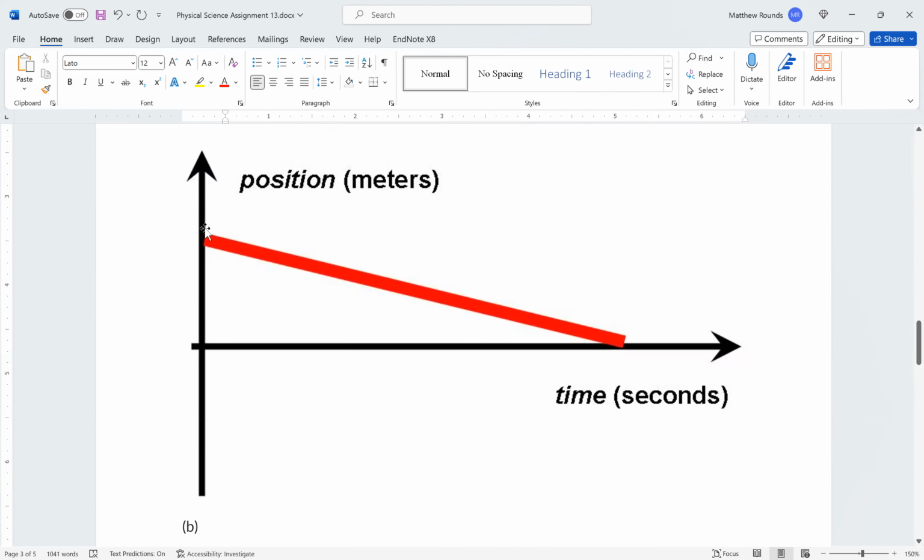So this graph is showing you position versus time. Think of the position here as being like 100 meters away from your house. And then you get down here, you're 0 meters from your house.